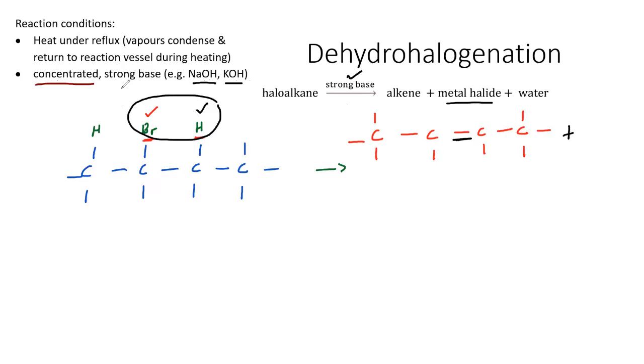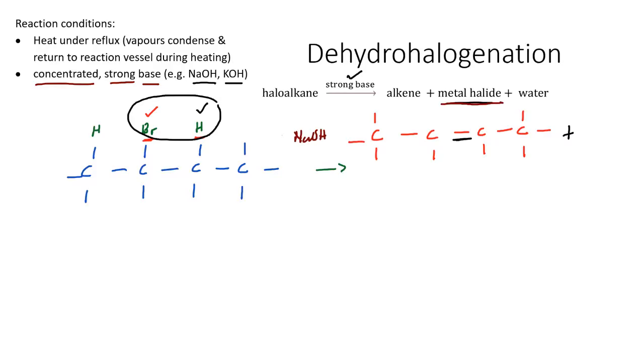It must be a concentrated, strong base. So the reaction conditions for dehydrohalogenation tell me that my haloalkane must react with a strong base. And when it does that, that base must not just be strong, but it must be concentrated. So there must be my sodium hydroxide. Let me put sodium hydroxide as an example there.